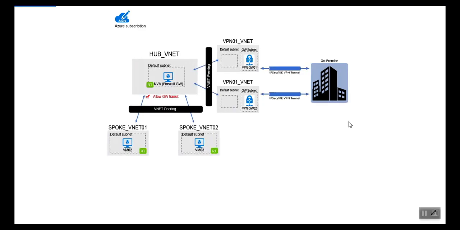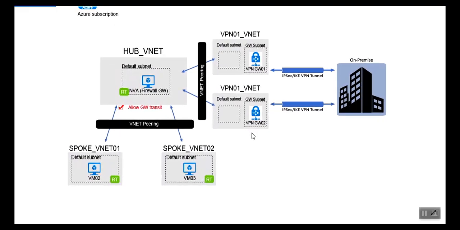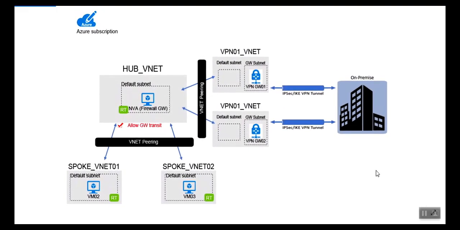I faced this scenario with one of my customers, and he needed two VPN gateways, and it's impossible to have two VPN gateways in the hub VNet. It only has one, unless you are using a third party, so you would use the firewall gateway as a VPN gateway, and that's all. Then it will be used as a VPN gateway and a firewall gateway, but you are losing the SLA for Azure.